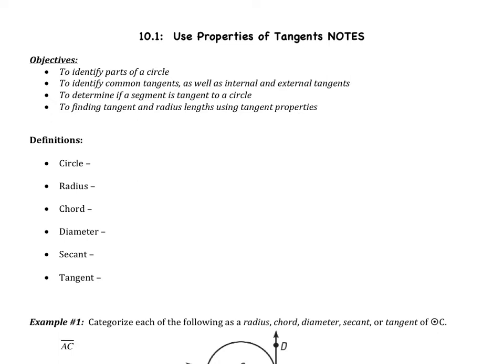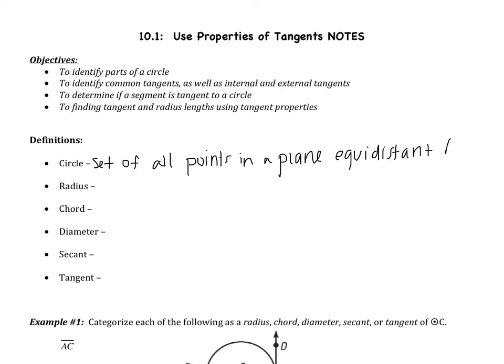So first, let's do some background with some definitions. A circle is the set of all points in a plane equidistant from the same point. And that same point is called the center. Okay, so let's see what this looks like.